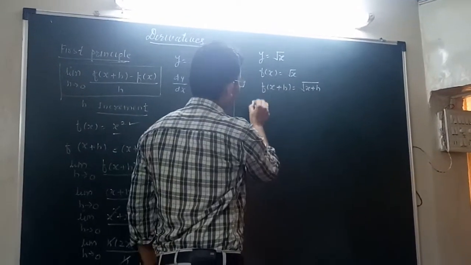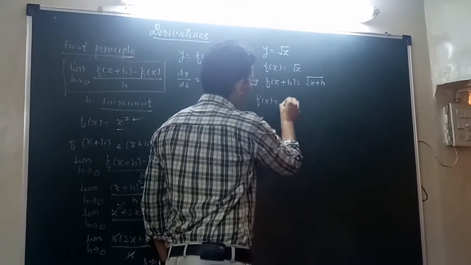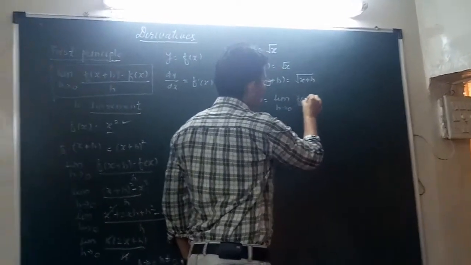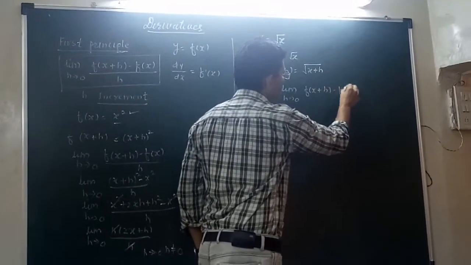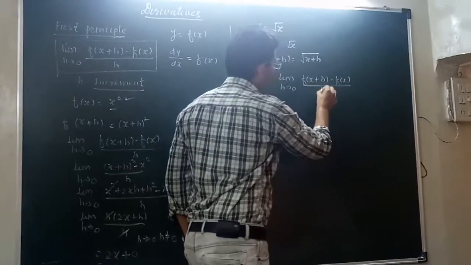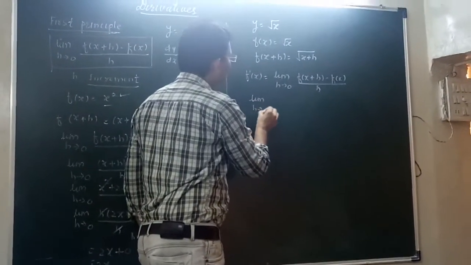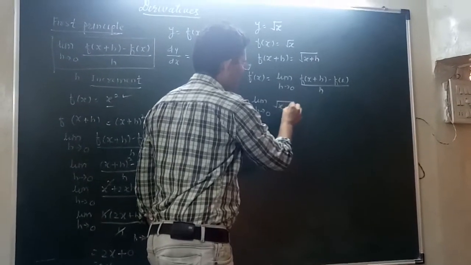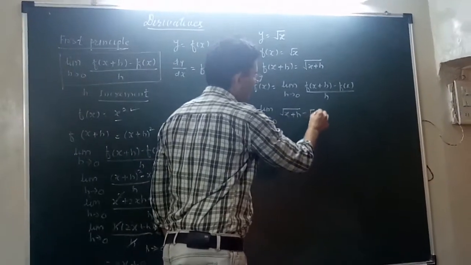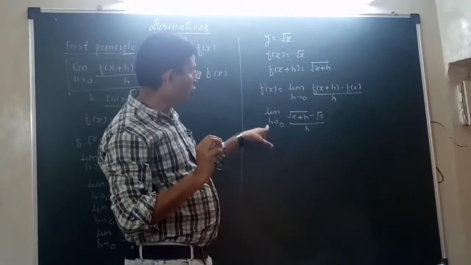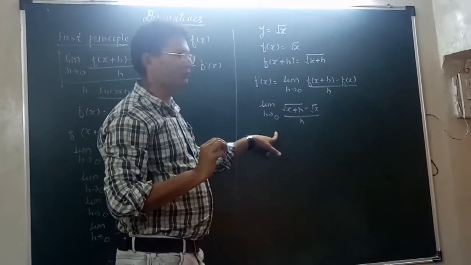According to first principle, f dash x is equal to limit h tends to 0, f of x plus h minus f of x upon h, means limit h tends to 0, under root x plus h minus root x upon h. Now the whole sum has to be solved with the method of the limit.